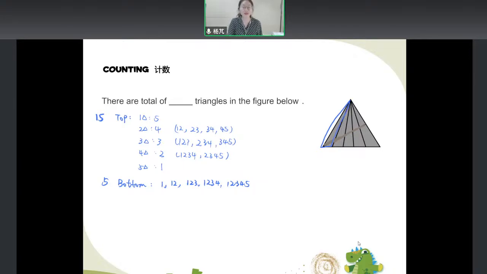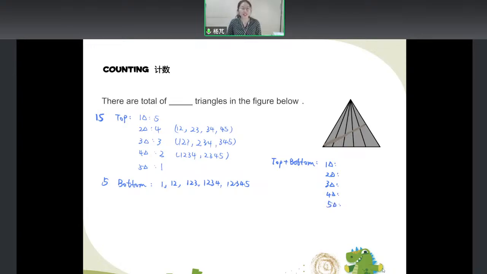This is a new triangle. So let's take a look. If the top and the bottom are combined, you will have more triangles. Let's try to use the same method: 1 triangle, 2 triangles combined, 3 triangles together, 4 triangles together, and 5 triangles together.